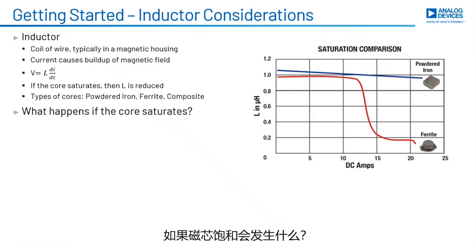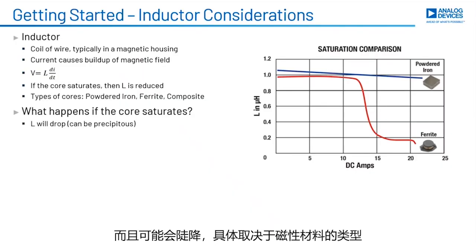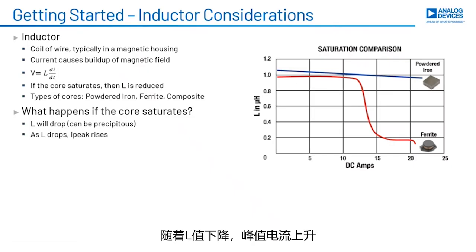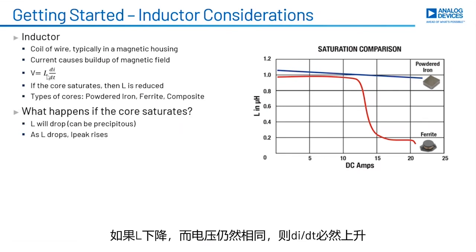What happens if the core saturates? The L value will drop, and it can be precipitous depending on the type of magnetic material. As L drops, the peak current rises because remember, V equals L di/dt. If L goes down, the voltage is still the same, then di/dt must go up.